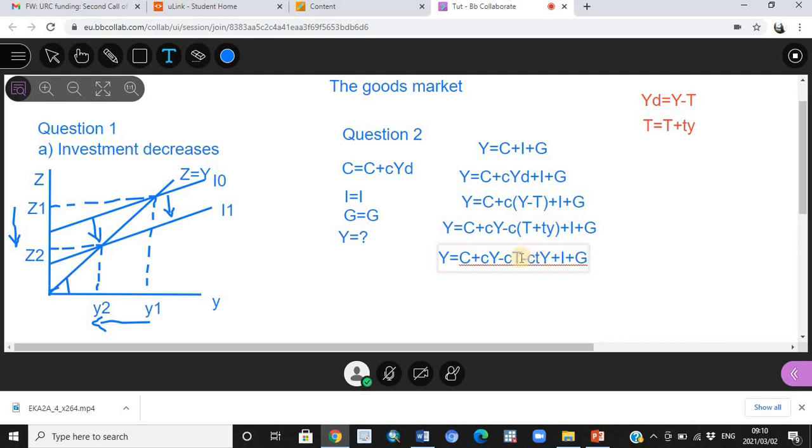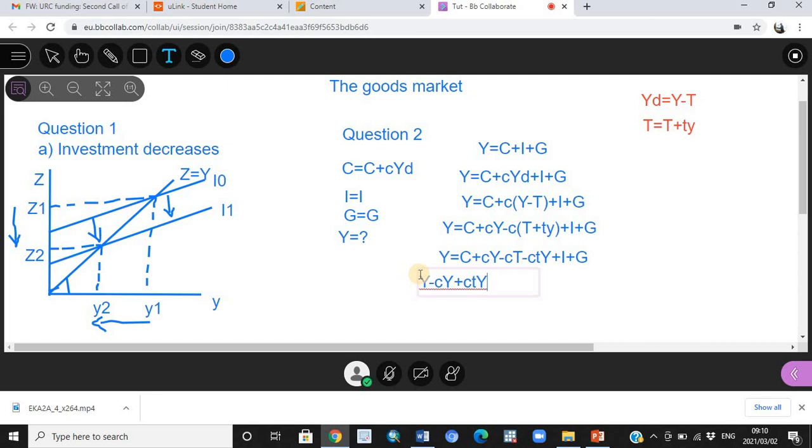We just have to group the common factors, the expressions that have common factors. In this case, we have Y as a common factor, so we will have Y minus CY, plus CtY.